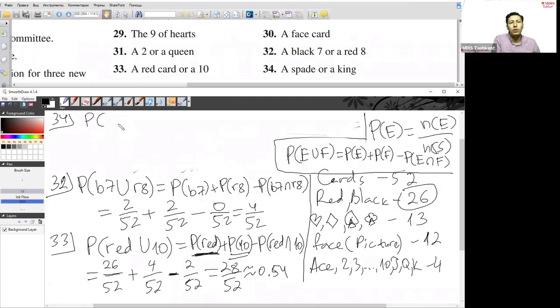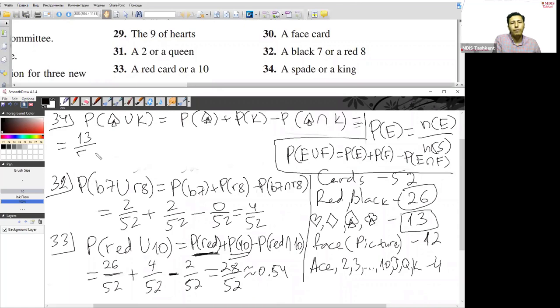So probability of getting spade or king, and spade and king at the same time. So spade, how many spades do we have? 13. Kings, how many kings do we have? We have 4 kings.